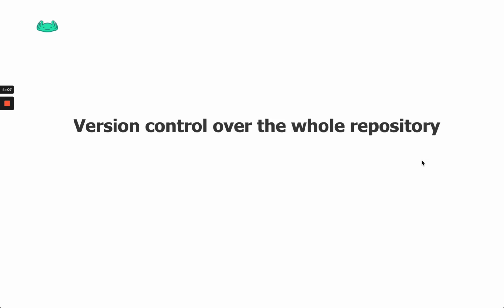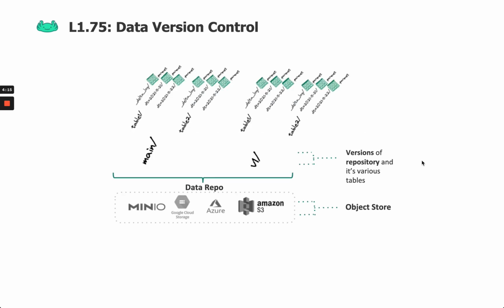So let's dive into the conversation, and this is where you asked a really great question. Thank you. Like version control over the whole repository, what does that mean? So let's take a step back to my data version control. If I have all the tables, I can borrow the concept of Git, because I'm talking about version control. For software, we have Git, GitHub, GitLab.